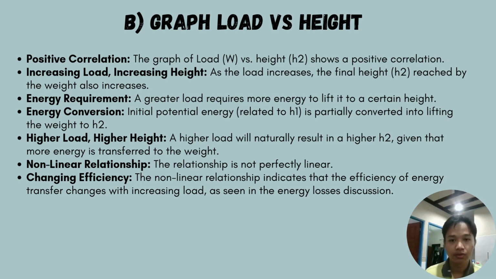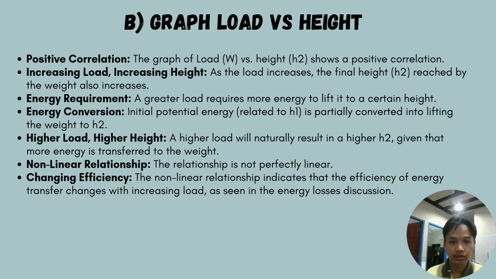And this is the graph of load versus height. It shows a positive correlation. As the load increases, the final height H2 reached by the weight also increases. A greater load requires more energy to lift it to a certain height.